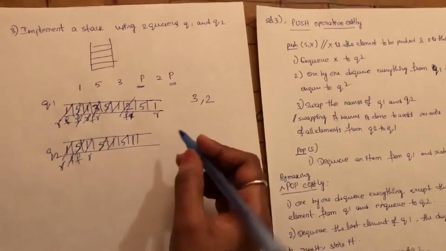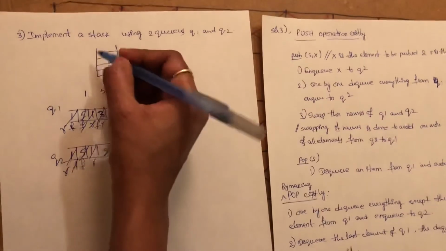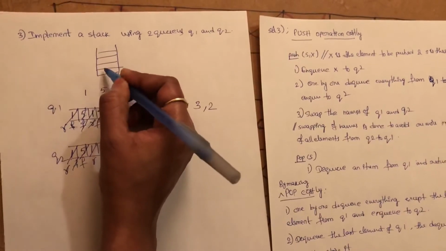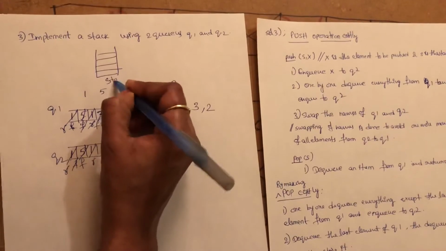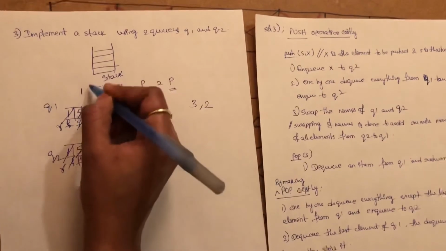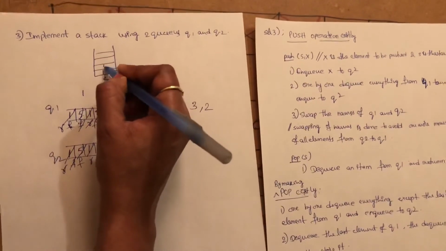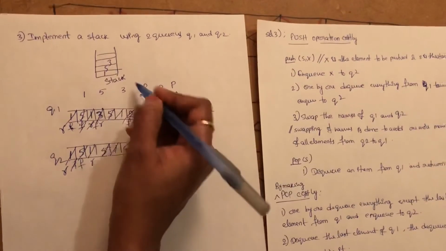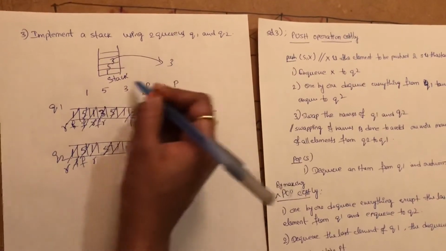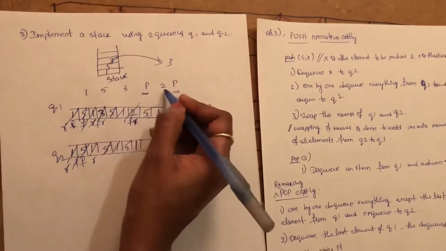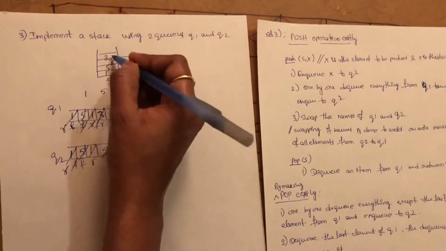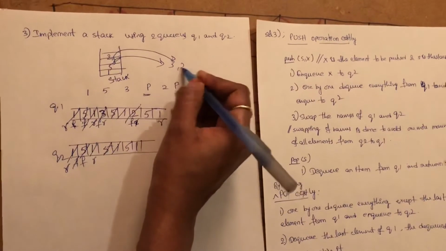So for example, if we push them into the stack, it will become 1, 5, 3, and then the next pop will print 3, and then the next operation is push 2, and the pop will print 2.